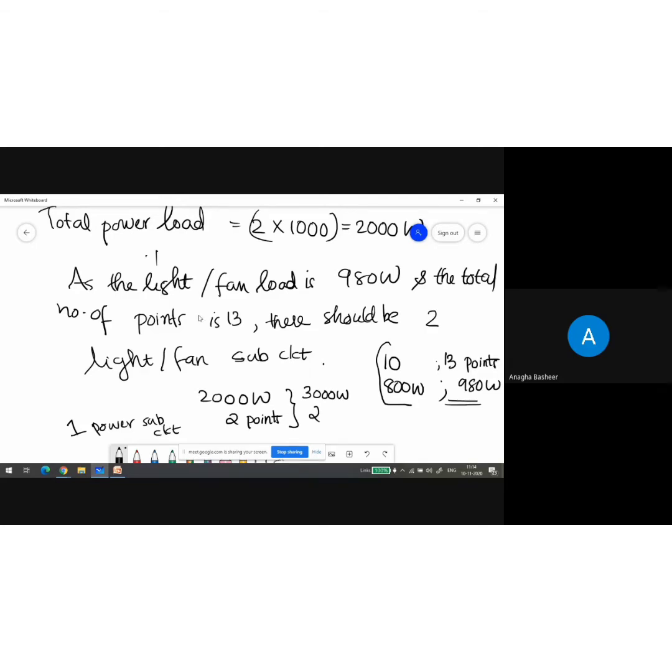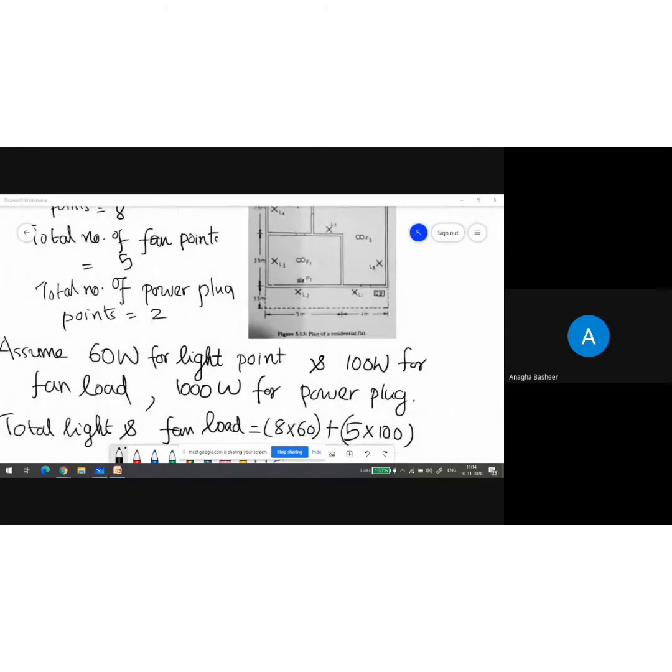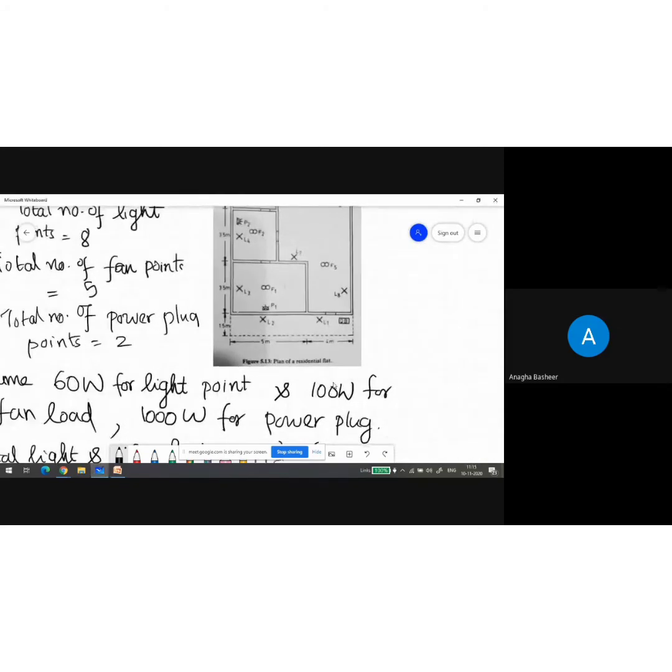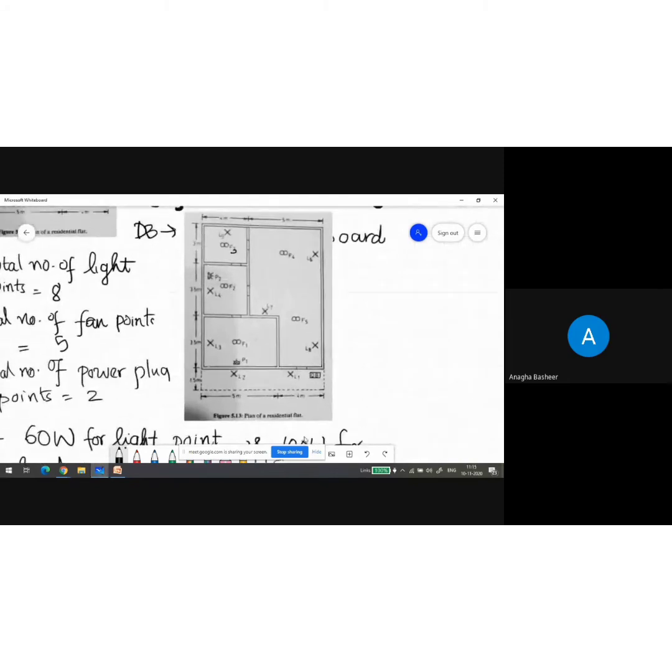So how will you label the subcircuit? That I will show you. From the distribution board, we have to start this drawing. Here no switchboards are there, so let us assume the switchboards' positions like this.